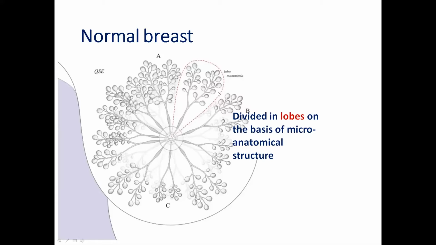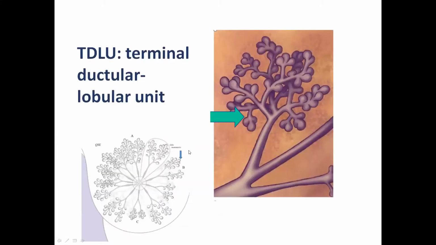You can walk through this lobe, but you don't have connection with the lobe that is near. So in the breast we have several independent lobes. And in the lobe, you have this very tiny structure that is the terminal ductal lobular unit, the functioning unit. It is the part that produces the secretion.